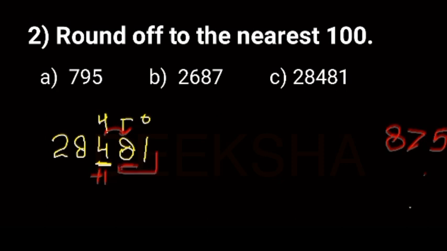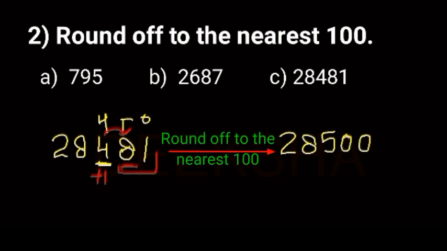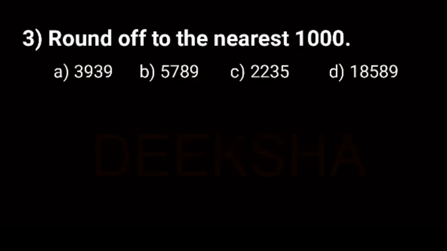So simply add them. 284 plus 1 is 285 and then 2 zeros. So when we round off 28,481 to the nearest 100, we get 28,500.